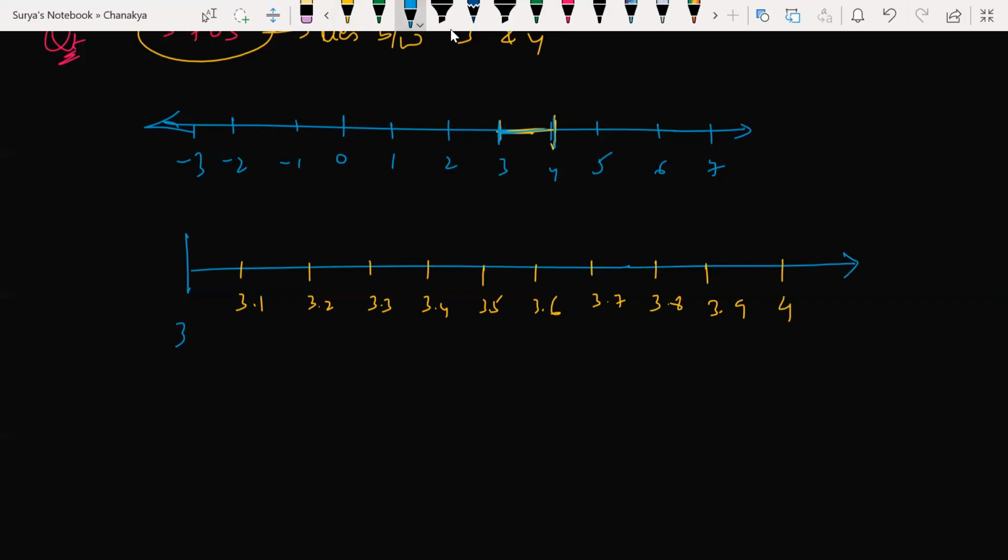This is how I divide it into 10 parts. Correct?